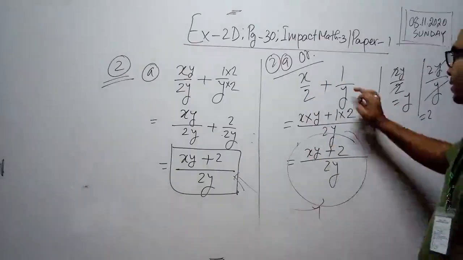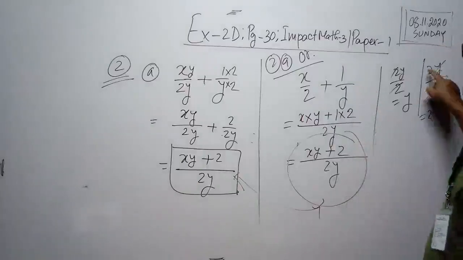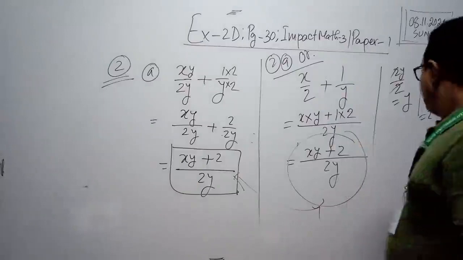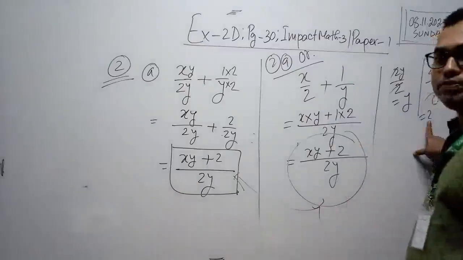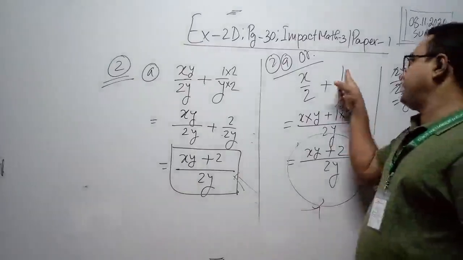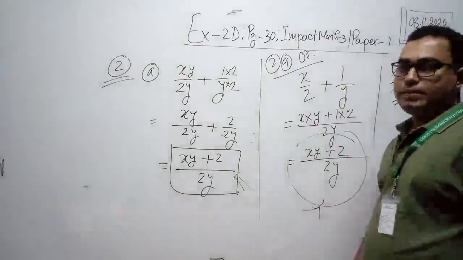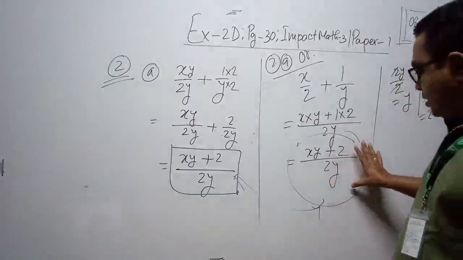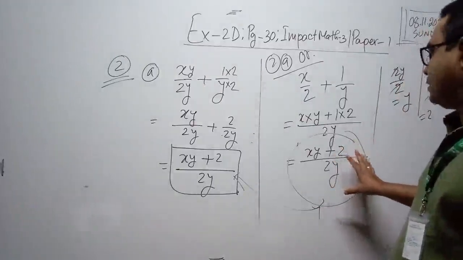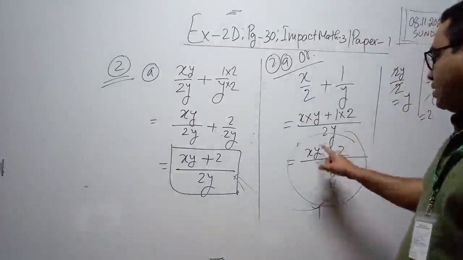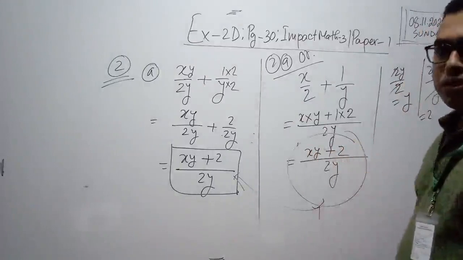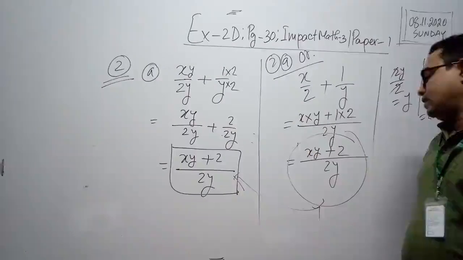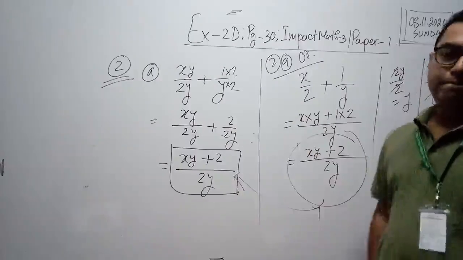And again, y goes to 2y. That means 2y divided by y is equal to 2. That 2 will be multiplied with the numerator for this fraction. That is the way we are finding the simplification. Because here xy plus 2 is the numerator of the simplified form, and the denominator is 2y.